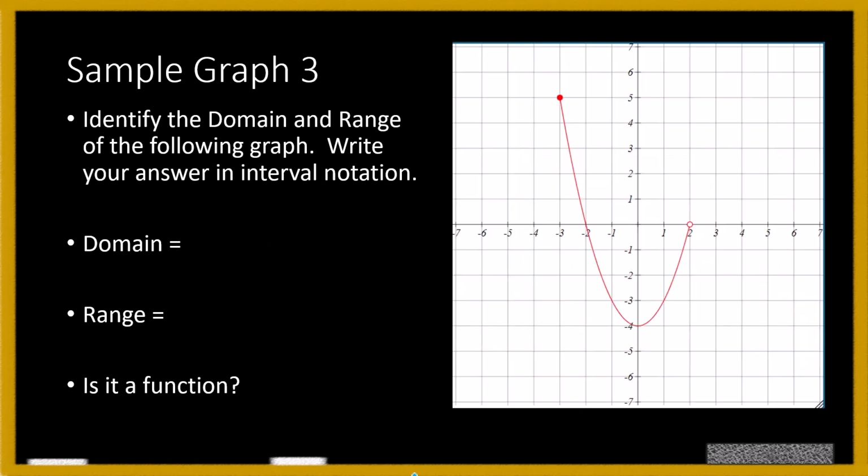Okay, let's look at sample graph 3. Identify the domain and range. Again, we've got a graph, but look at the difference. This one, the graph doesn't go on forever. It actually stops. Our graph ends here with a solid dot, and the other end stops here with a circle dot. We need to remember that a solid dot means this is actually equal to this point.